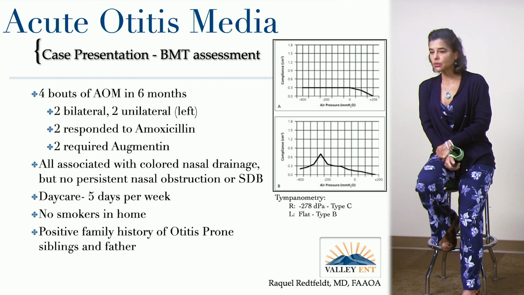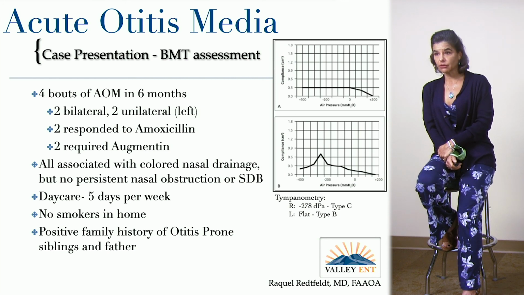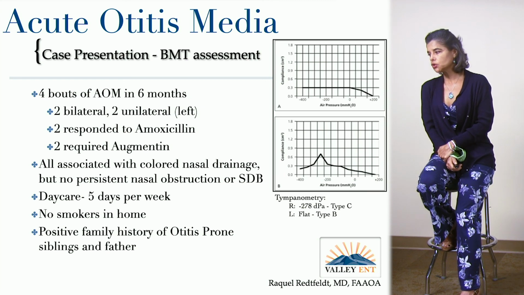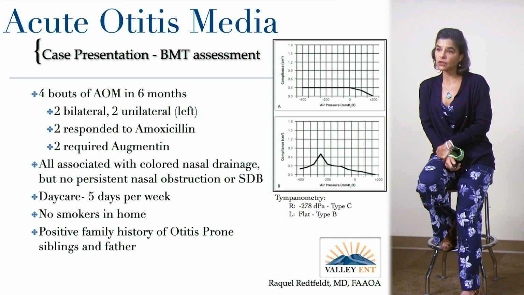That's really a screener question for, does this child also need their adenoids removed? For her, yes, they all come with a gunky nose, but that nose completely clears up. She doesn't have snoring, and she breathes fine through her nose when she's not sick. She is in daycare 5 days a week. There's no smokers in the home, and there is eustachian tube dysfunction and recurrent acute otitis media in her family, her siblings, and her father.